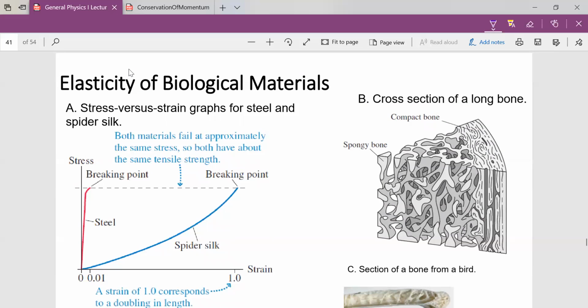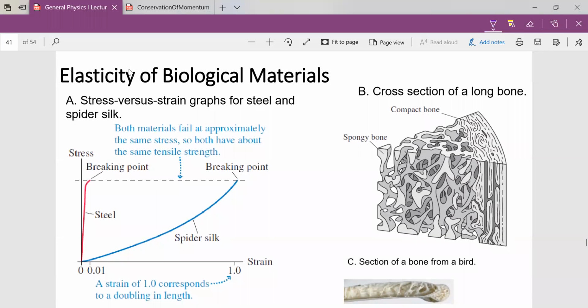Okay, so let's look at elasticity of biological material. We said that material that has the ability to contract or expand or stretch is elastic, and that is what we call elasticity. We saw that before in our last class. And we have biological materials also exhibiting this kind of process. Let's take an example of the spider silk and the steel.